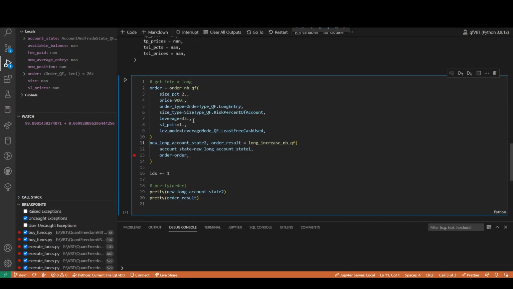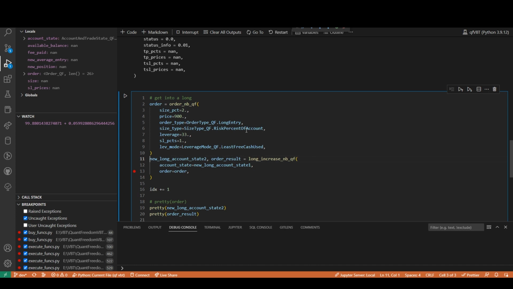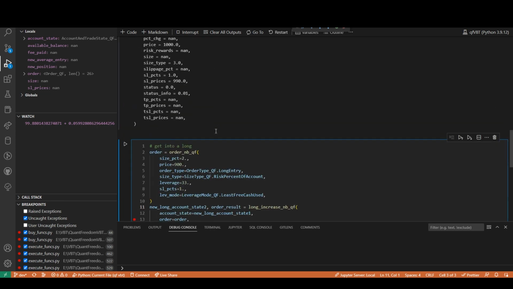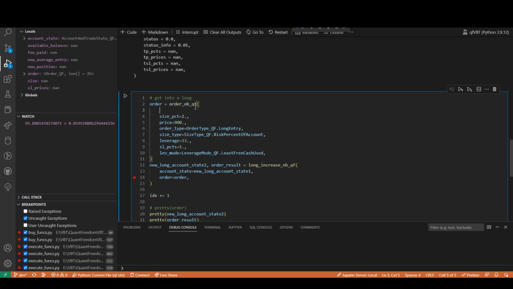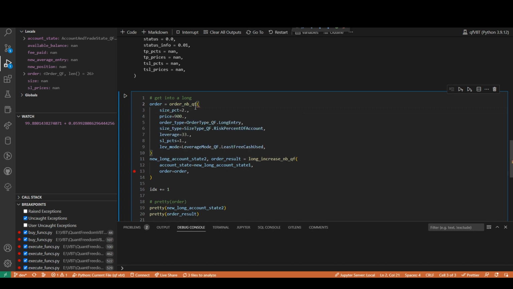So maybe if I want to risk a percent of the account, 2% of 1,000 is 20. I do size. Might as well just go through the whole process.